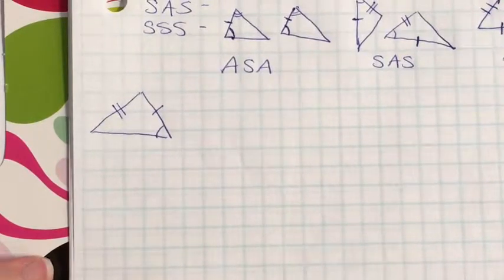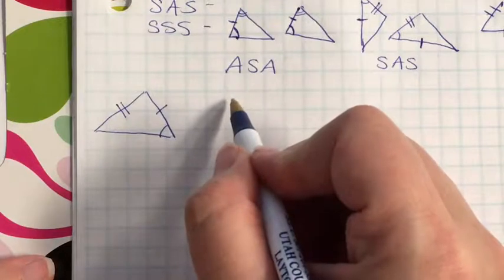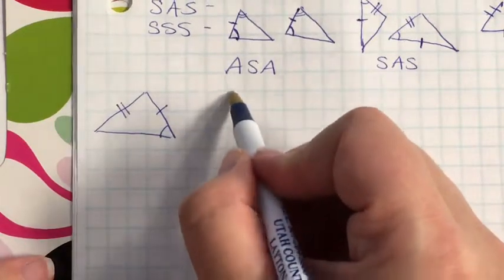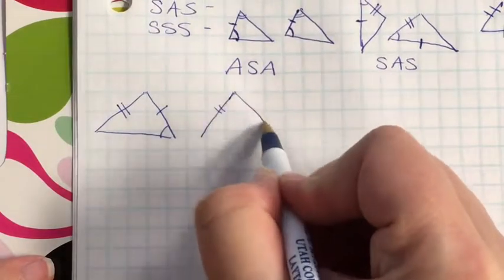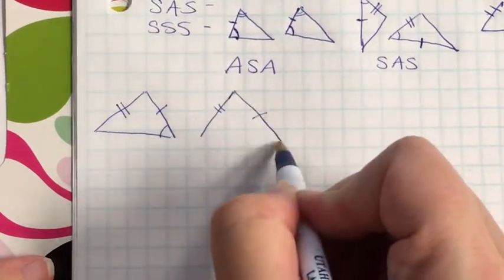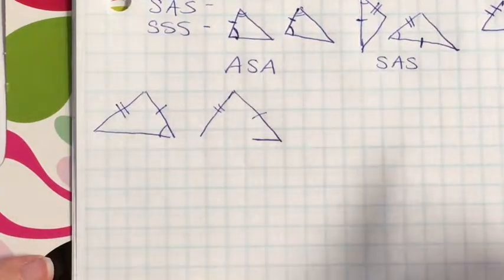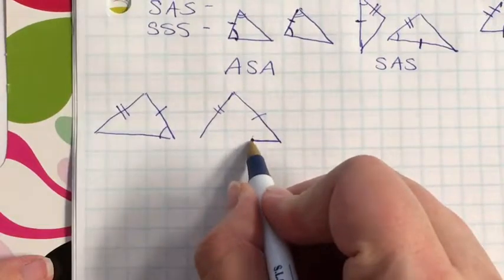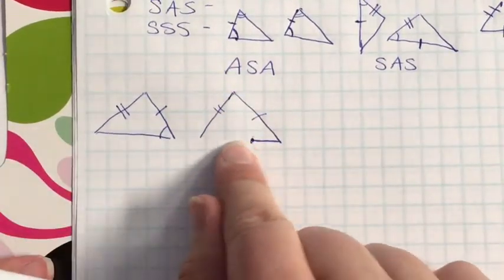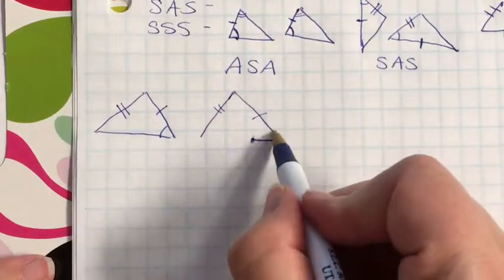Okay, so you have a triangle like this, and then you have just the start of a triangle. So you'll have something that looks like this, and maybe the same angle, but then it'll have something that's just short and little like that. The directions say that you can adjust it, so you would just grab onto this point and move it down or out or over to see if it is the same. And it says that this angle is the same.